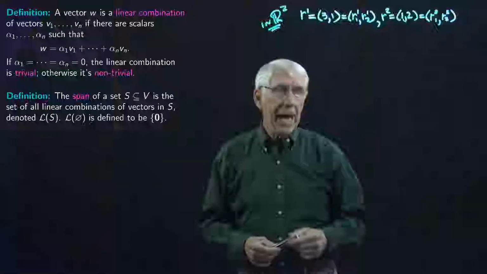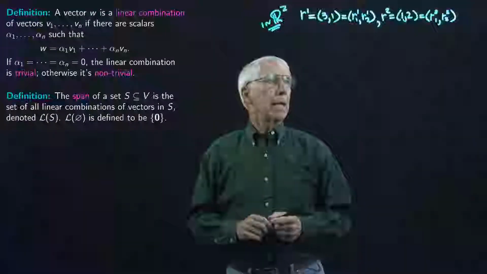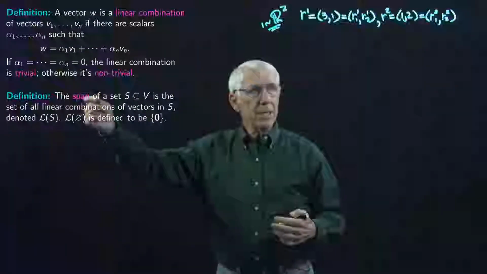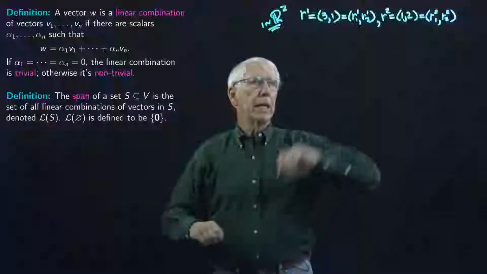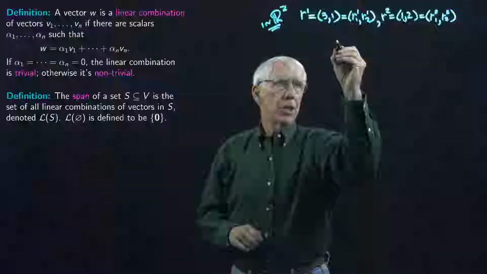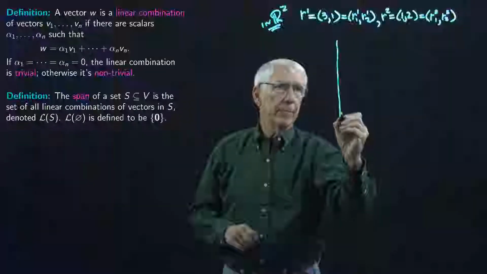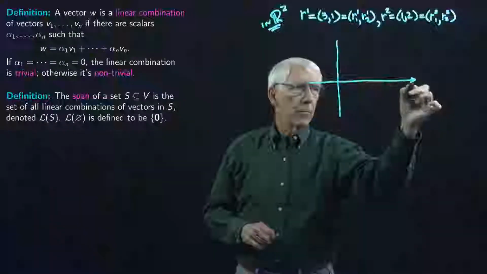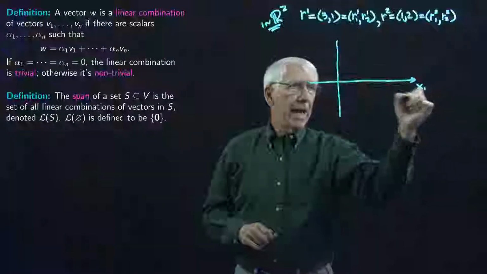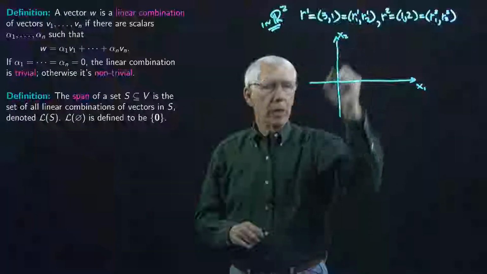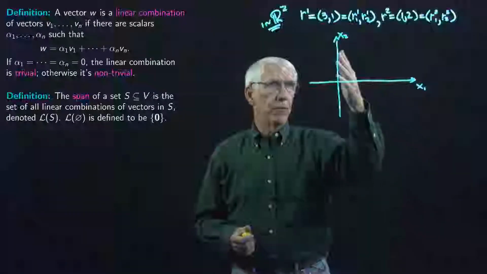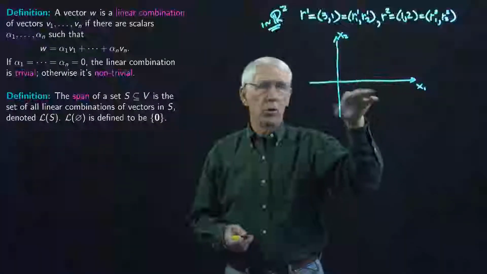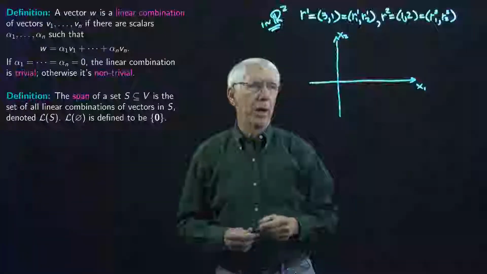And so let's now draw a little diagram, and we'll see these two vectors, and we'll see what the span of a set of vectors looks like. I'm just going to use x1 and x2 as generic labels for the components, but of course the components of the specific vectors R1 and R2 will be R sub 1 and R sub 2.